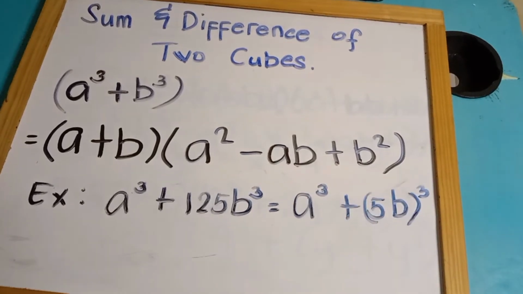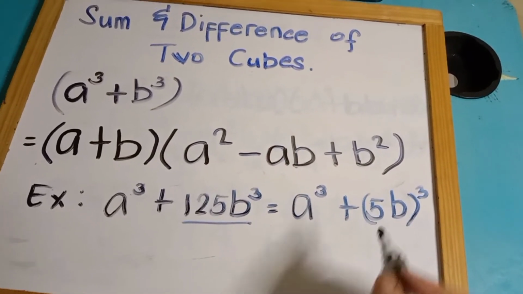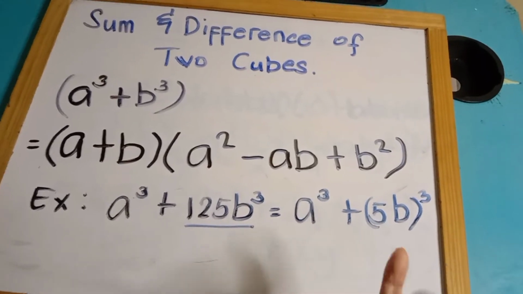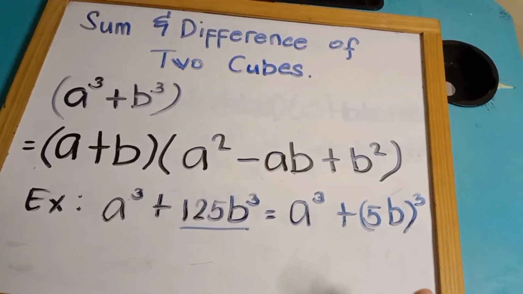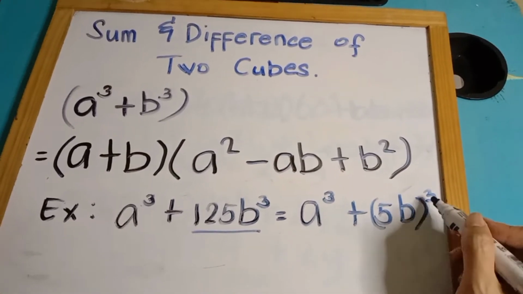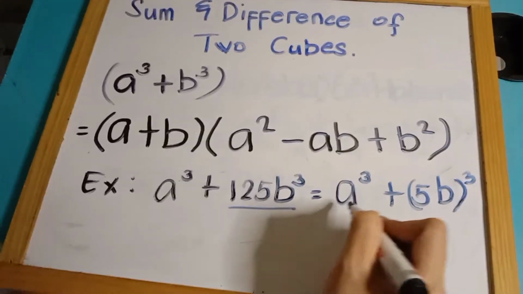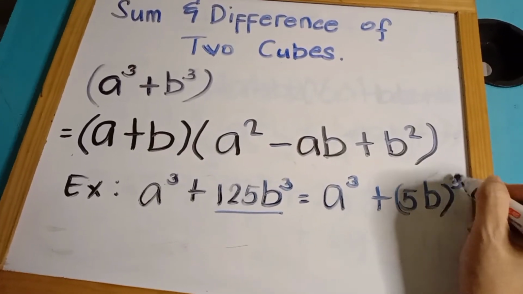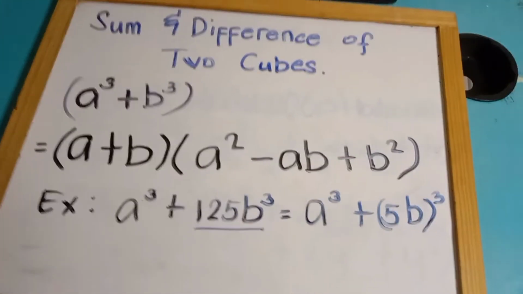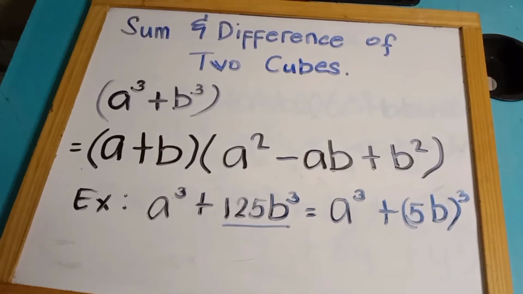So, sinimplify lang natin yung 125b cube. Naging 5, kasi 5 times 5 is 25 times 5 is 125. And then b cube. Okay? So, since both terms are pareho ng cube, we can now factor applying the sum of two cubes.